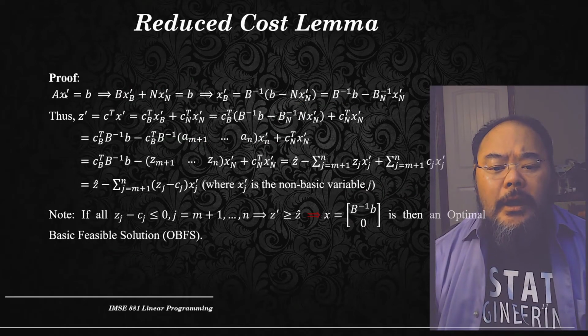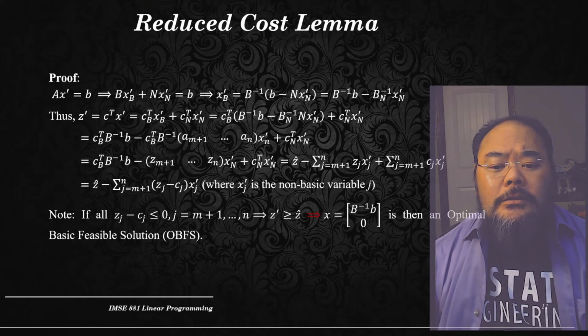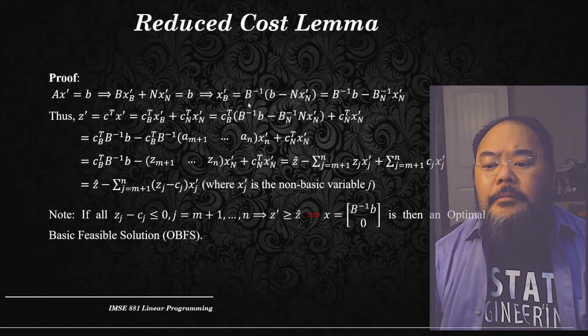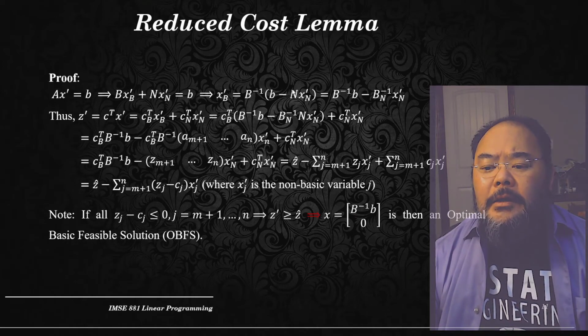We're going to plug in x prime, which is a new feasible solution, and separate them between B and N, move this part, and multiply both sides by B inverse. So xB prime can be calculated as B inverse times the right-hand side b minus N times xN prime.